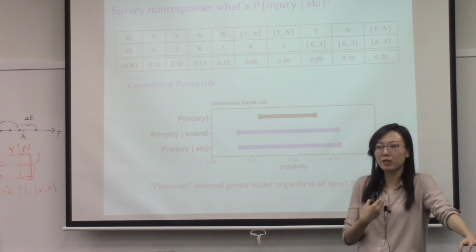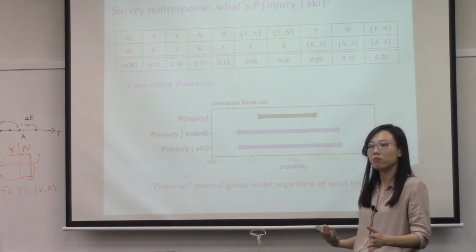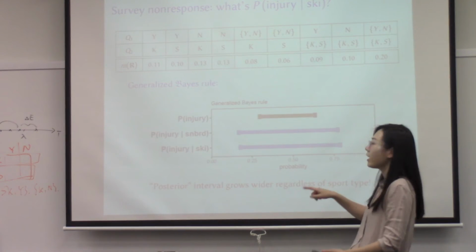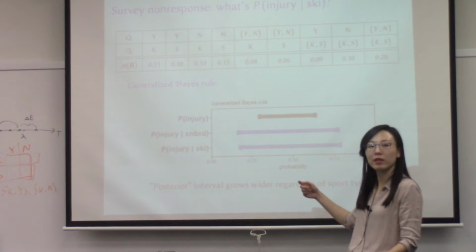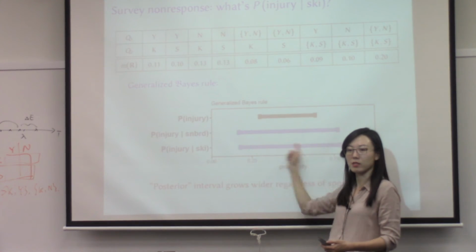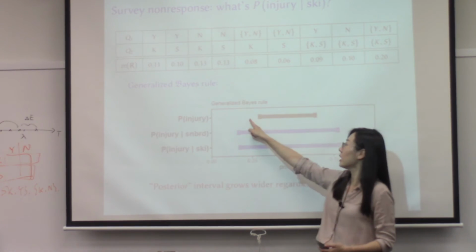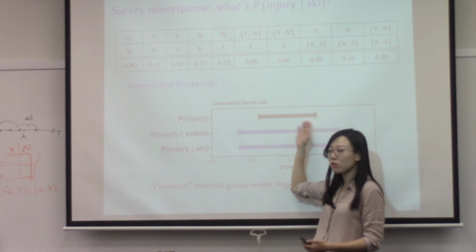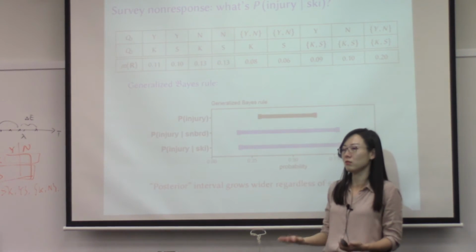So suppose that, because I am a skier and I don't ever foresee myself becoming a snowboarder, I could be puzzled by knowing that if I were to learn that I am a skier, I would be predicting this chance of my own injury, whereas not knowing that I'm a skier, this is the chance that you would supply.